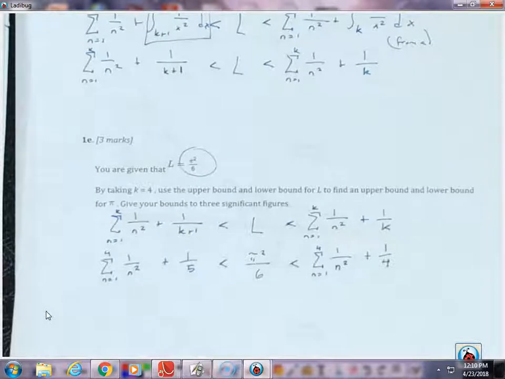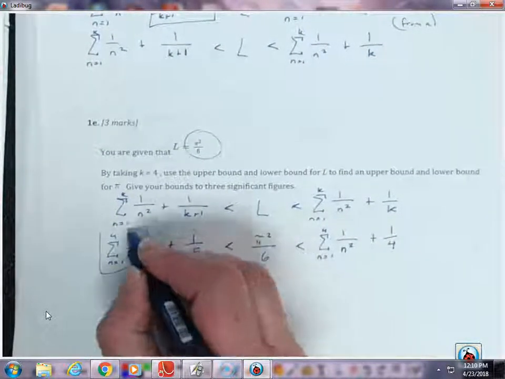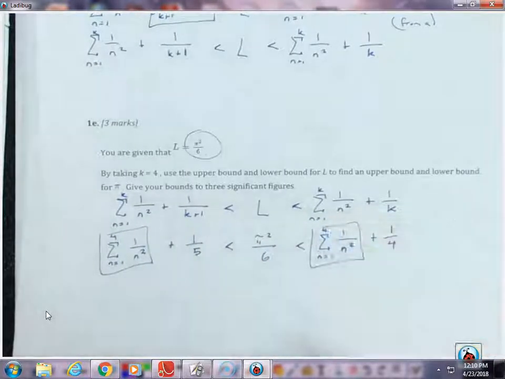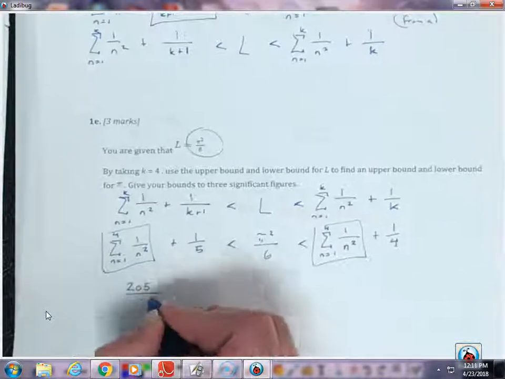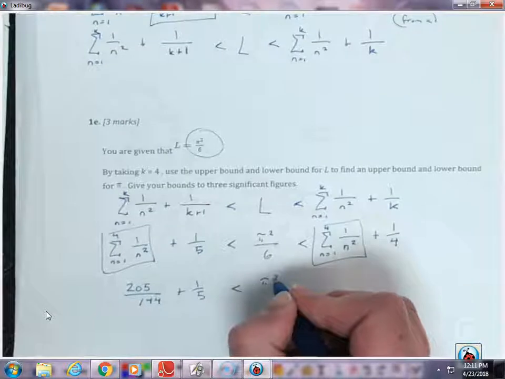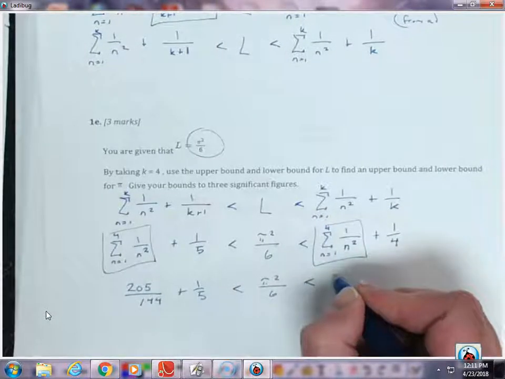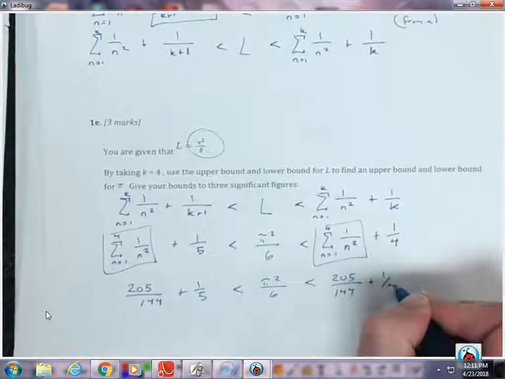Okay, now you can put that on your calculator. I've already demonstrated that on another video. So if you put this on your calculator or substitute in 1, 2, 3, and 4 and add them all up, this will give you 205 over 144 plus 1/5. And this will give you the same thing, 205 over 144 plus 1/4.